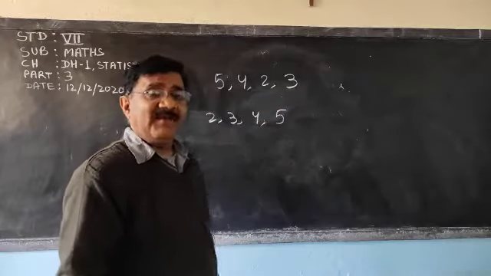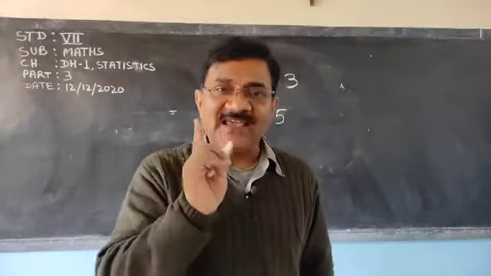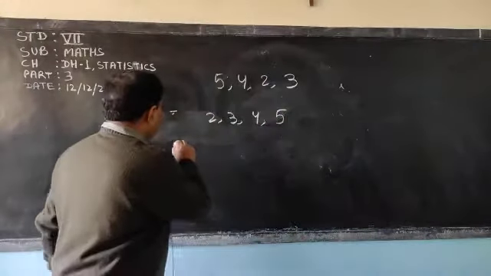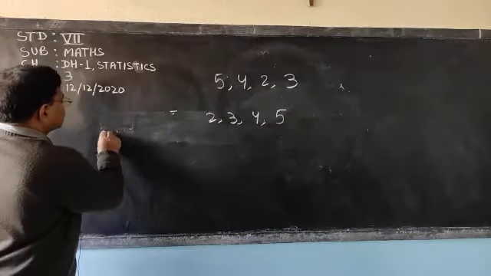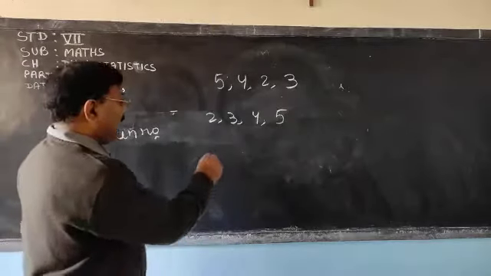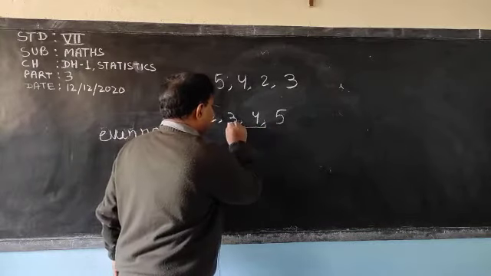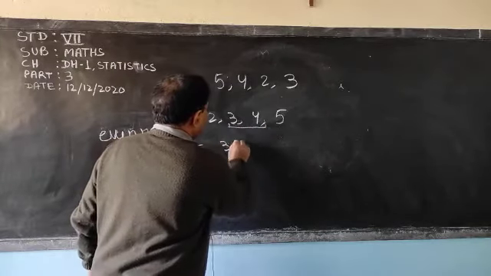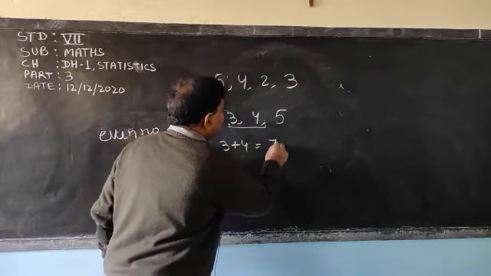Now, which is in the middle? Is it odd or even? Even number. So, for even number, add these two middle ones. 3 plus 4, and it is 7.